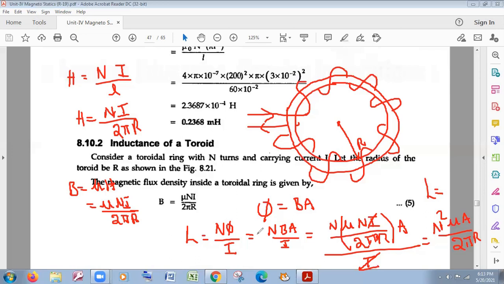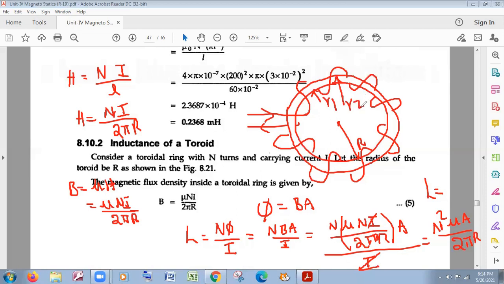Also you can write this for a toroid ring with N number of turns, where h is the height of the toroid, R1 is the inner radius, and R2 is the outer radius.